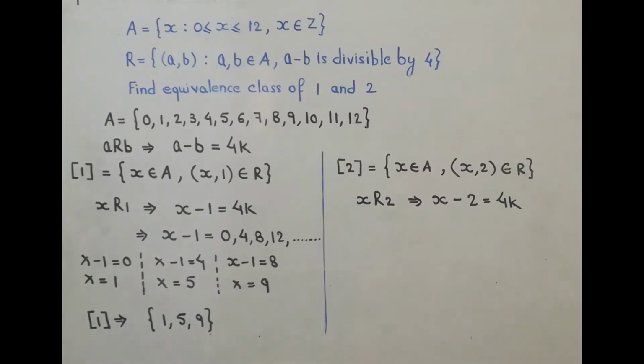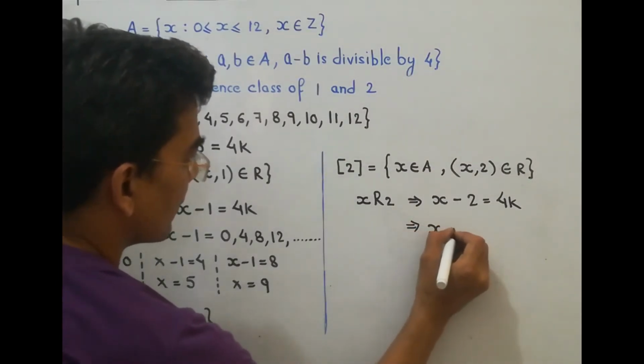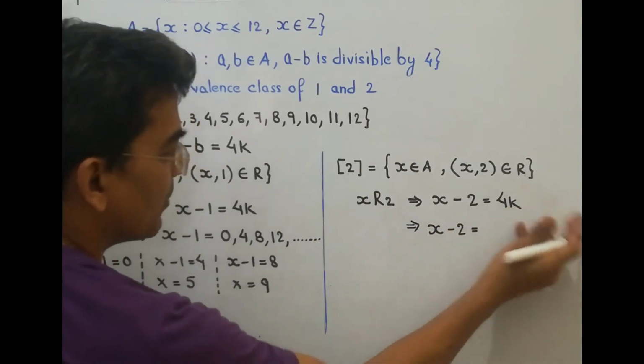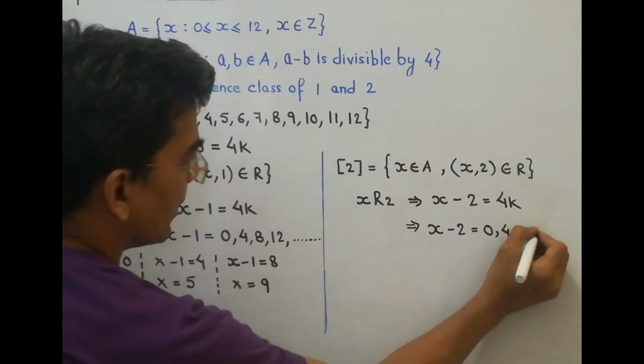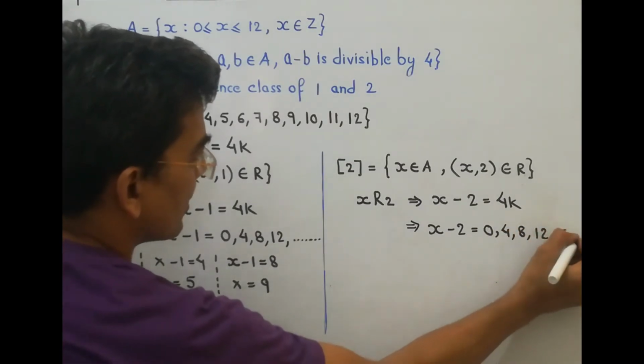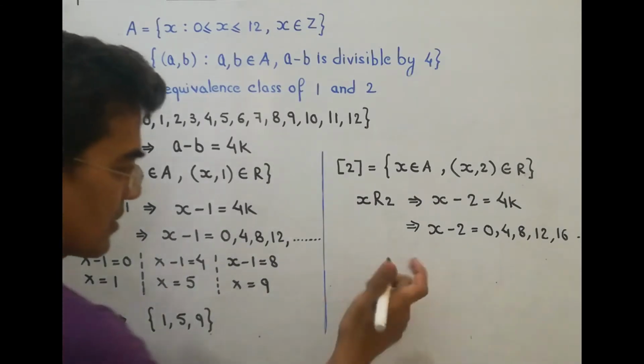Now here we will write the multiples of 4 on this side. So that can be 0, 4, 8, 12, 16 and so on. Now we will solve one by one for x.